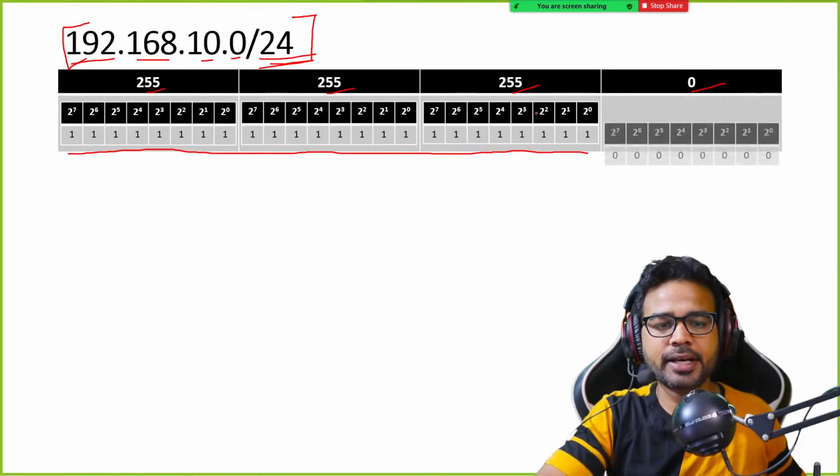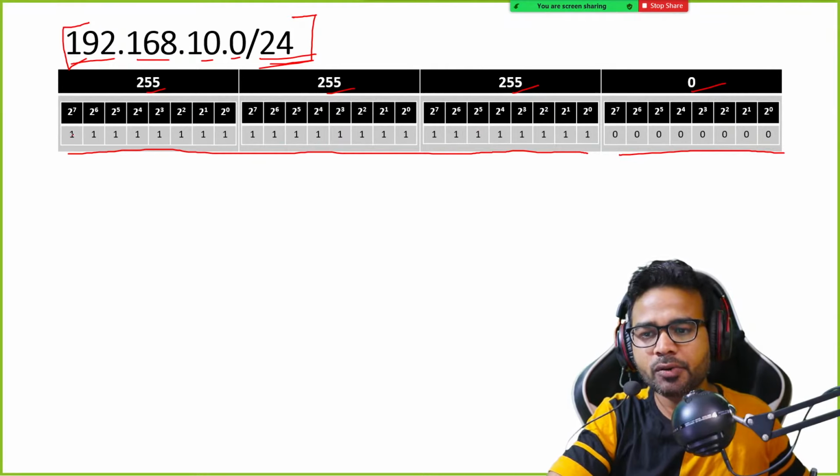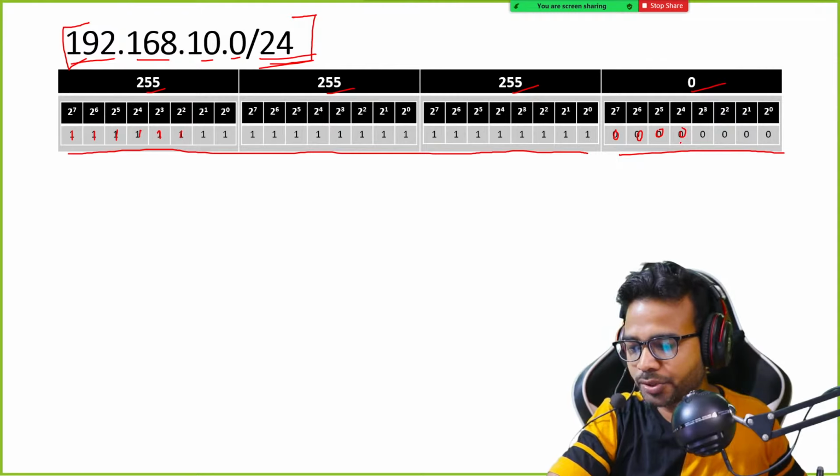And the remaining 8 bits are reserved for the host. One thing I would like to explain in a network: here you are able to see the 1s, right? 1 means network bits, all the 1s mean network bits, and 0 indicates the host.